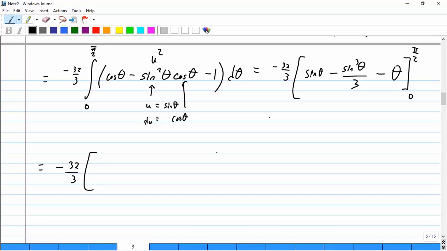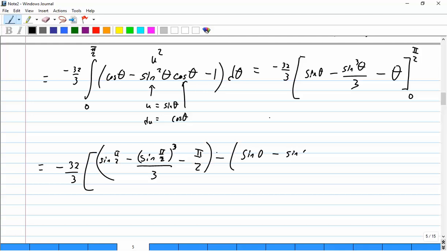Alright, so that's going to be the sine of pi over 2 minus sine cubed of pi over 2 over 3 minus pi over 2. And then that's minus sine 0 minus sine cubed 0 over 3 minus 0. Isn't that just 0?